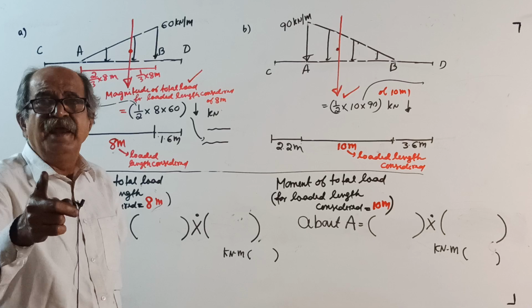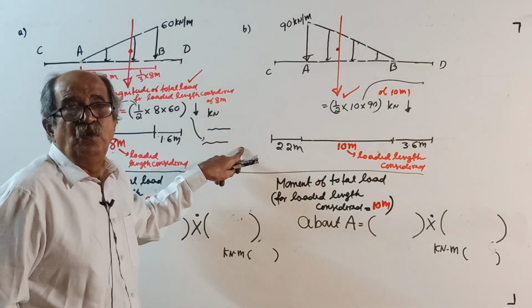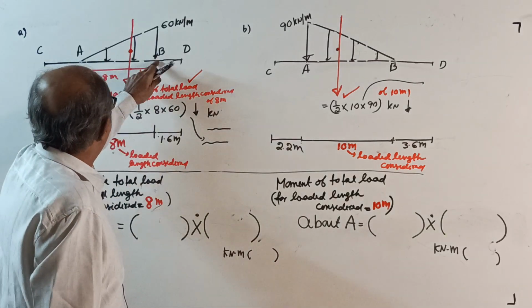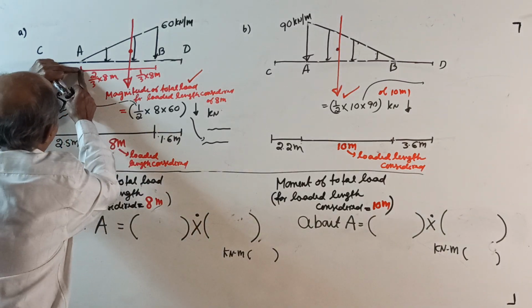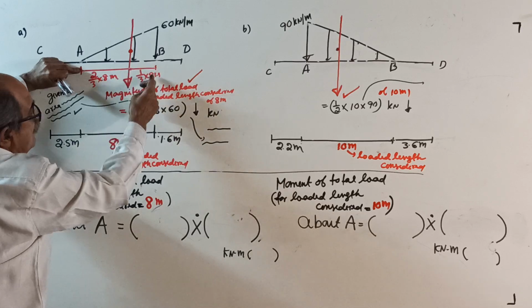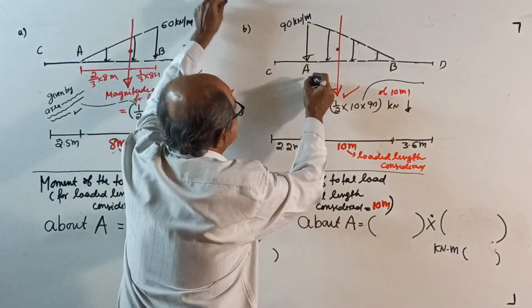Line of action of this load will pass through the centroid of the diagram representing the entire loaded length considered, that is at 2 by 3 of 8 meter from A, or 1 by 3 of 8 meter from B. You write here.